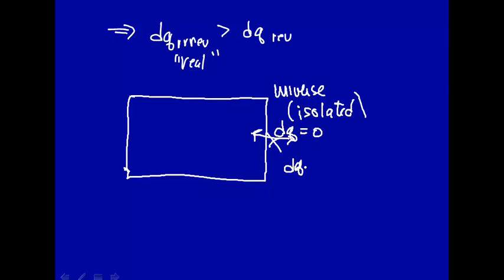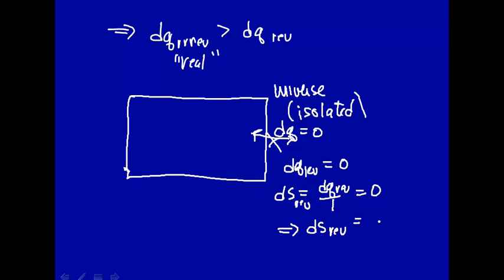So dQ reversible has to equal 0. What does that mean? Well, the dS, which we said was defined as dQ reversible over T, also has to equal 0. So for an isolated system like the universe, this implies that dS reversible has to equal 0 for an isolated system.